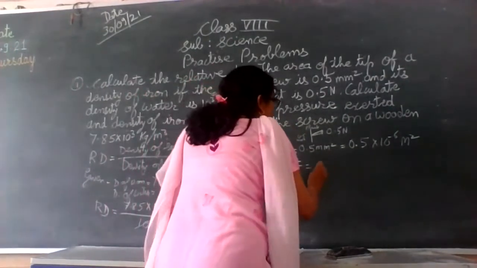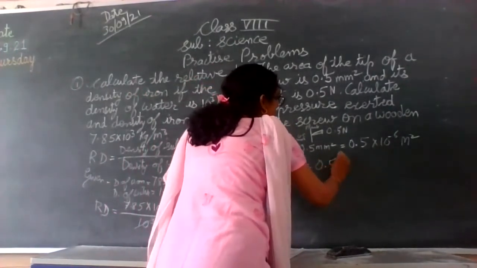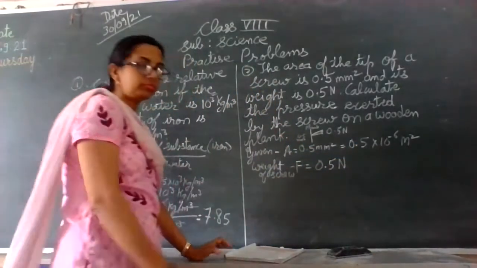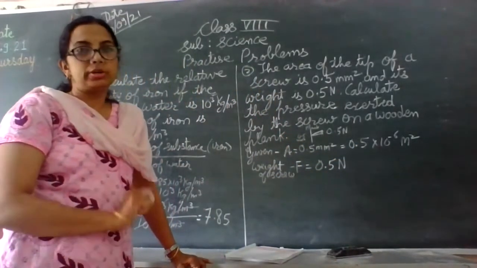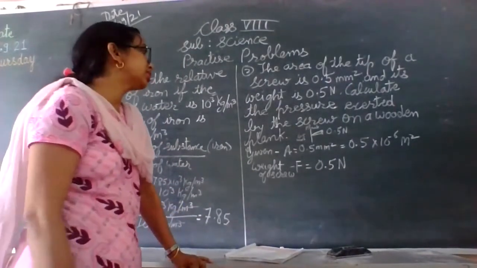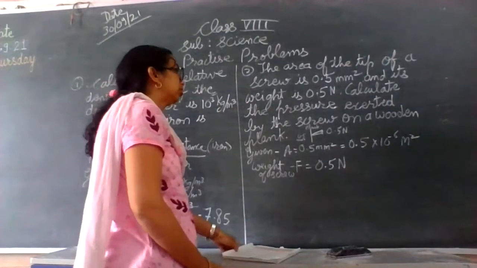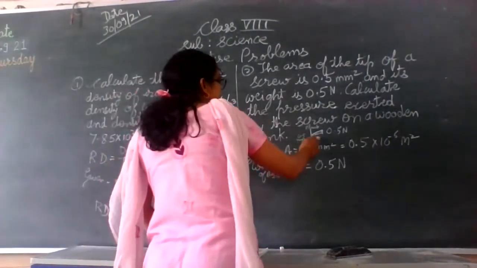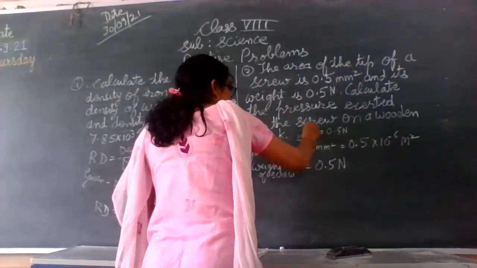That is given to be 0.5 Newton. Newton is the unit for force, you all know. That is the only weight the screw is going to exert on the wooden plank.